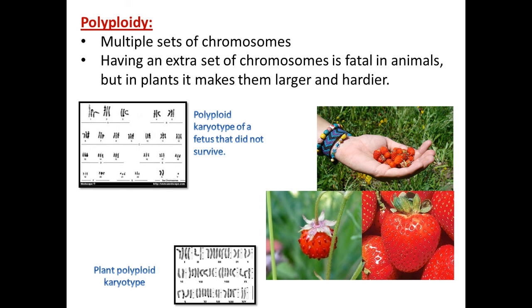But on the other hand, plants actually they could do polyploidy quite well. So the picture that you see above, where the woman has strawberries in her hand, that's actually the normal size of most strawberries that are not polyploidy. But usually those ones we don't find in the grocery store. Instead, we find these beautiful, succulent, big strawberries. And these big strawberries that we're usually buying at the grocery store, they're genetically modified.